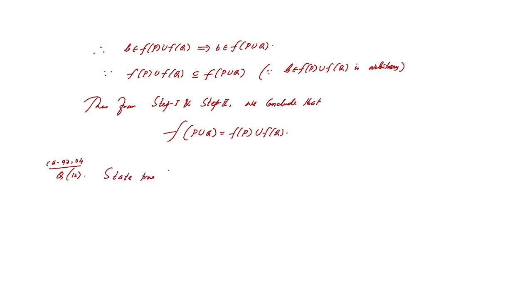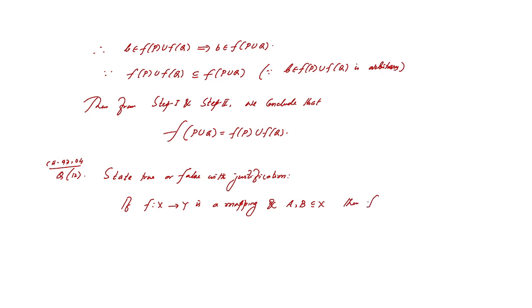State true or false with justification: if f from X to Y is a mapping and A and B are subsets of X, then f(A intersection B) equals f(A) intersection f(B). It is a 2 marks problem.